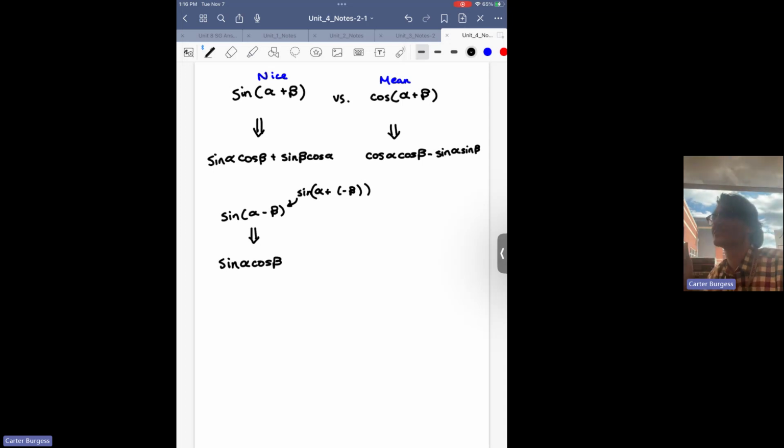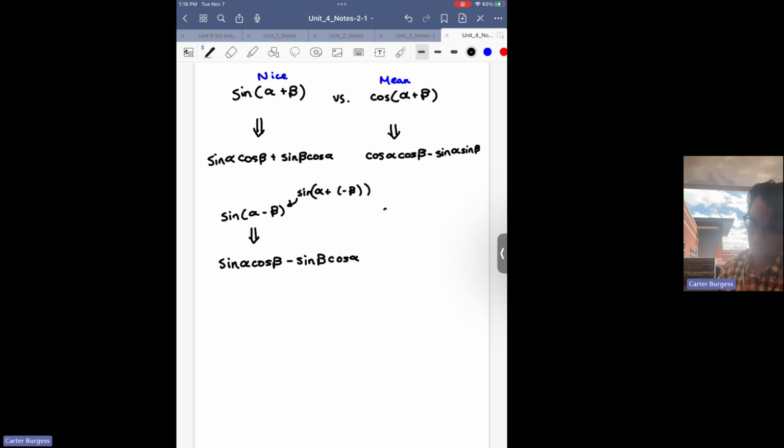But what's going to happen with sine of negative beta? The negative migrates outward. The negative comes out to the front. We get negative sine of beta times cosine of alpha. Or in the context of learning this as its own detached formula, notice that sine is nice, sine plays well with cosine, and it doesn't do anything to that minus. Minus is still minus.